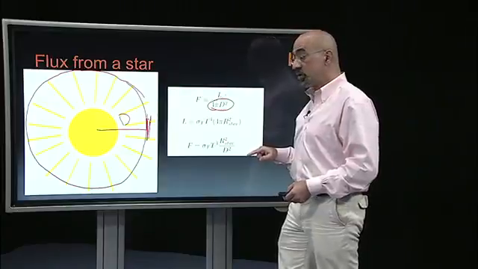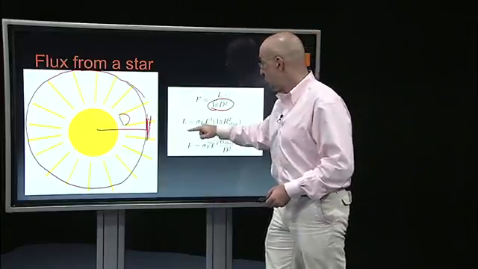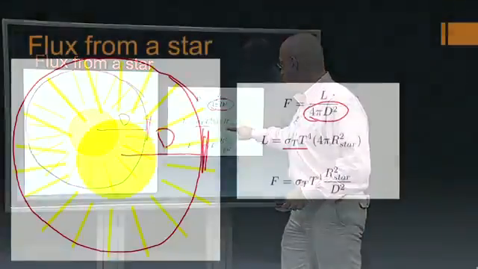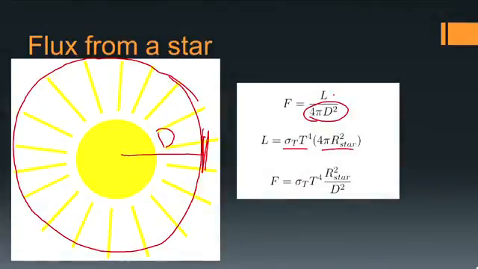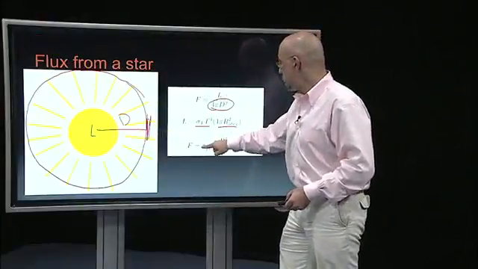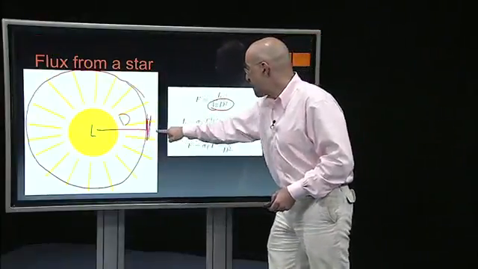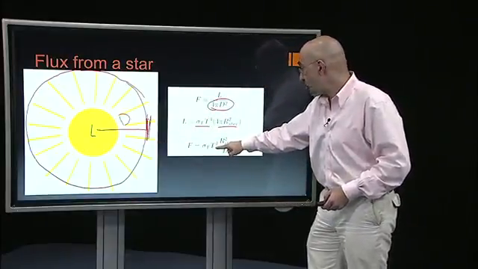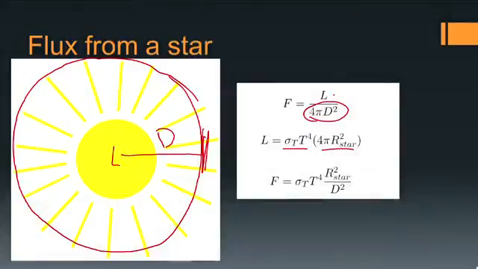Recall that we showed in the previous section that the star's luminosity goes as its temperature to the 4th power times its surface area, 4 pi r squared. So we can plug the star's luminosity into this equation and find that the flux hitting a planet at distance d goes as the temperature of the star to the 4th power times the radius of the star squared, divided by the distance from the planet to the star squared.